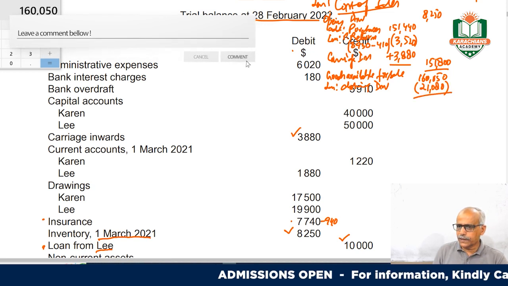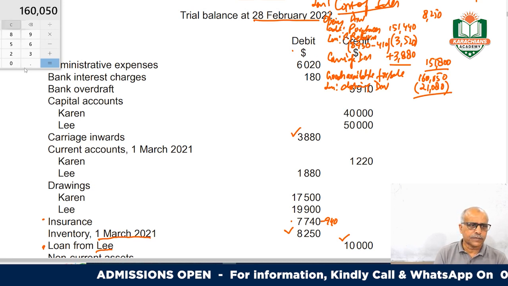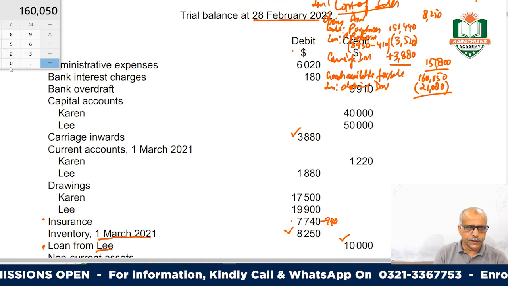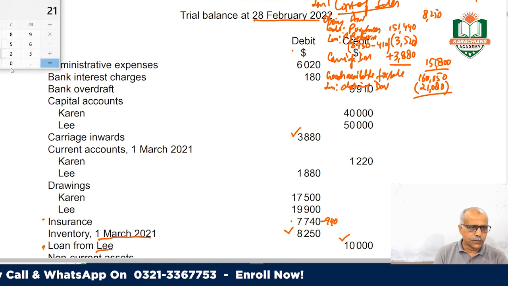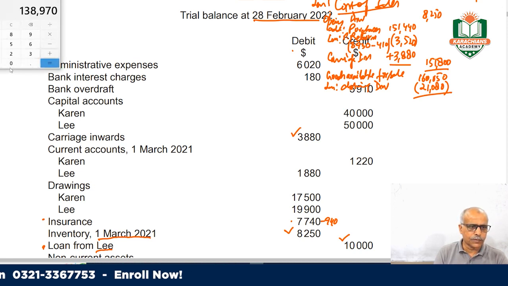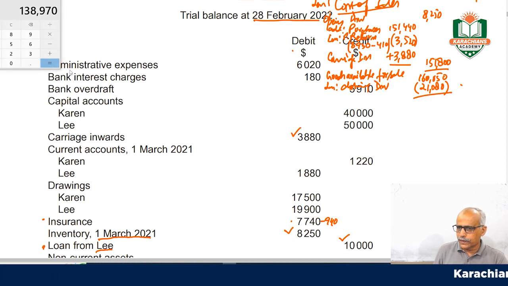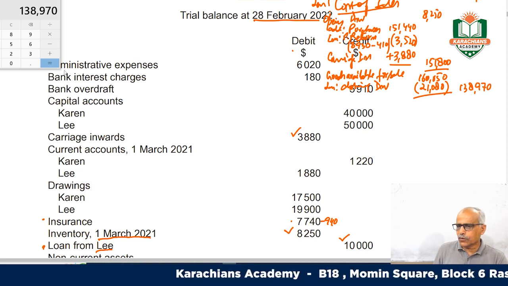So your cost of sales is 160,050 minus 21,080, which is 138,970. This is your cost of sales.